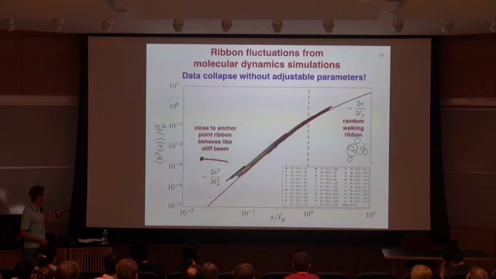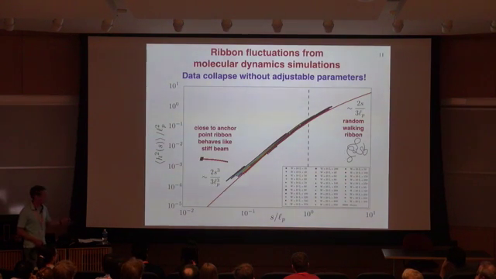Here I'm plotting these height fluctuations as a function of distance, normalized with the measured persistence length. You see these different data points are for a bunch of ribbons that have different widths and lengths, and they all collapse onto a single master curve, which I can obtain by treating them as non-symmetric polymers. And you see that there are two regimes.